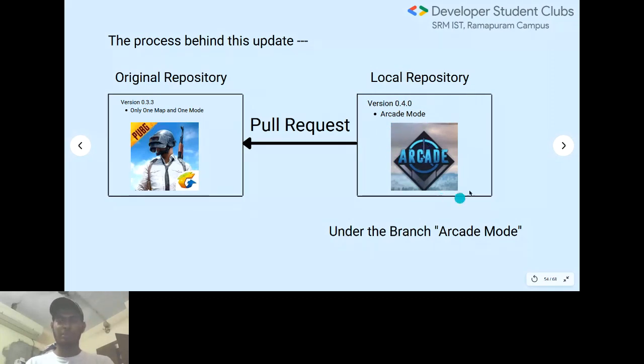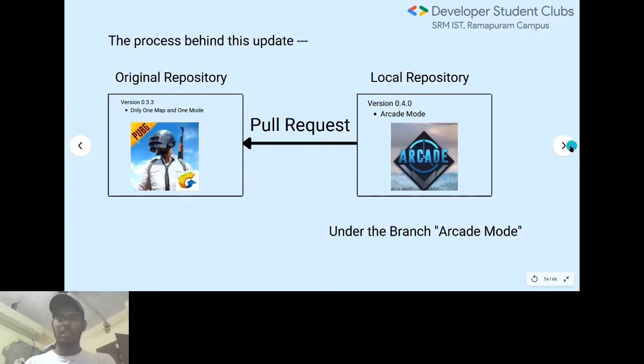They will discuss among each other, and they would also test it out. Let's say they clone the repository and add the file. Changes go on, and each developer raises their issues. After everything gets approved, the original repository accepts this pull request.